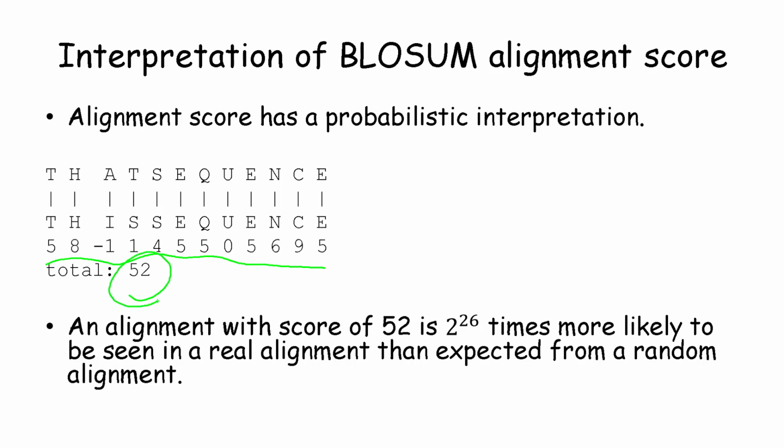Remember that adding these scores, which are on a logarithmic scale, is equivalent to multiplying the odds ratios of observing these amino acid pairs. A score of 52 is equal to a log odds ratio of 2 to the power 26. Therefore, this alignment is 2 to the power 26 times more likely to be seen in a real alignment than expected from a random alignment.